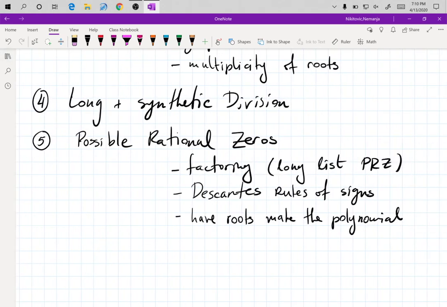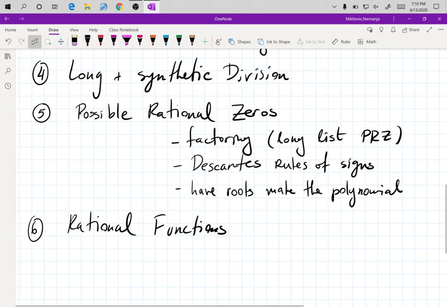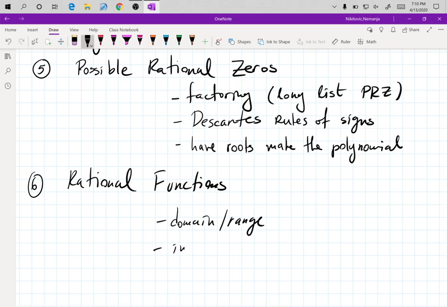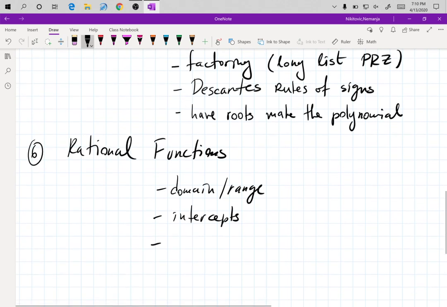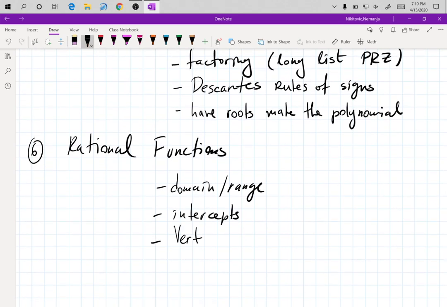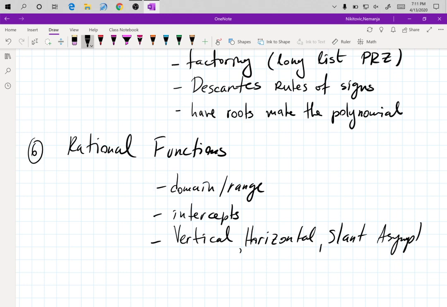And finally, number 6, rational functions. That one has domain, range. It has intercepts. It has asymptotes. Holy nightmare, that's a big one. Vertical, horizontal, slant asymptotes.